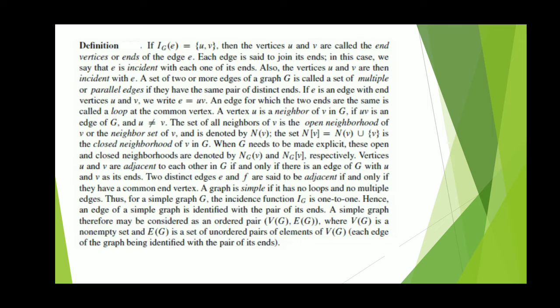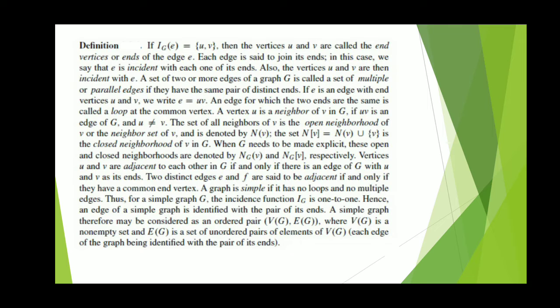The set is called the neighbor set of the given vertex V. N[V] is equal to N(V) union singleton V. So by taking that vertex V into the neighbor set, this neighborhood is called the closed neighborhood of a vertex V in G. So we have a different notation for the open and closed neighborhoods.